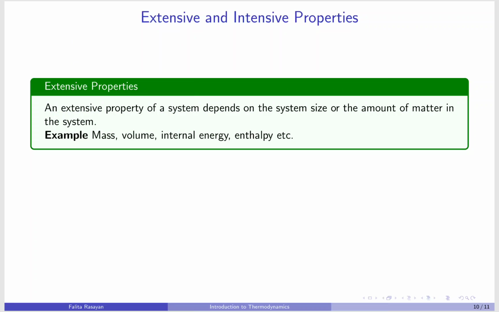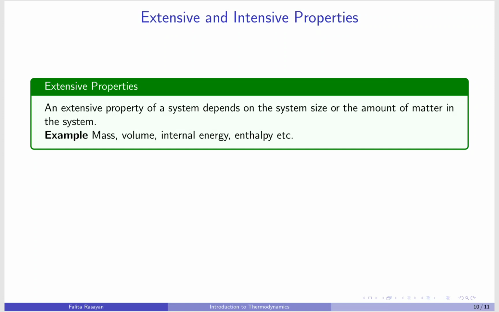Next, let us see what kind of properties a system has. One kind of property is the extensive property. An extensive property of a system depends on the system size or the amount of matter in the system, like mass, volume, internal energy, enthalpy, etc. To give an example, you can see a 2-liter soft drink bottle is much bigger than a 300 ml soft drink bottle.